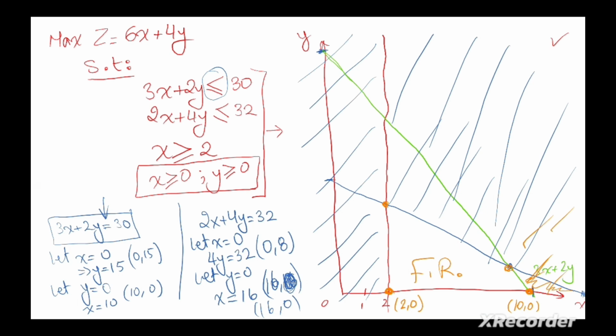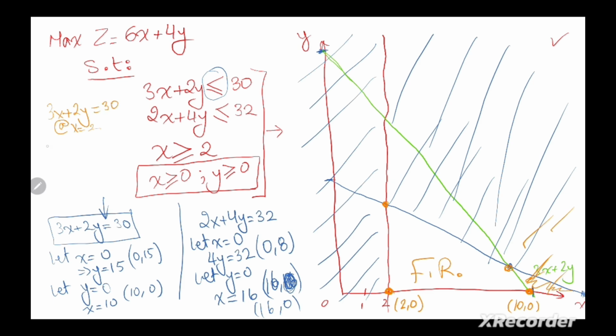Now I have this one here. This one here is the intersection between x equals 2 and 3x plus 2y. So we have 3x plus 2y at x equals 2 is equal to 30.